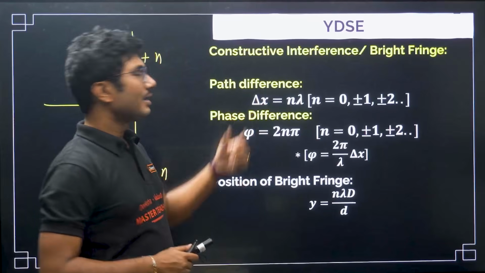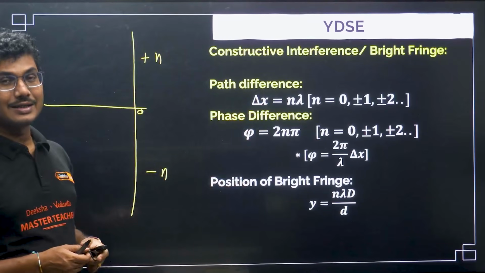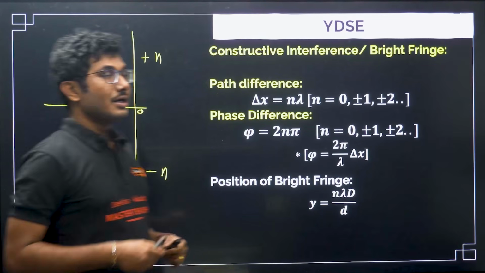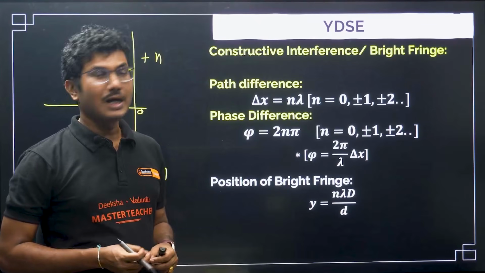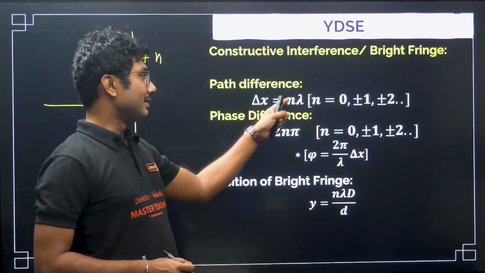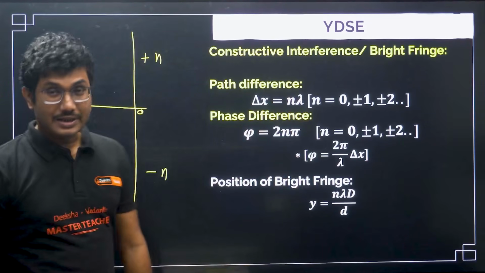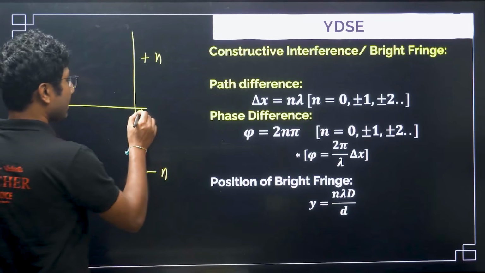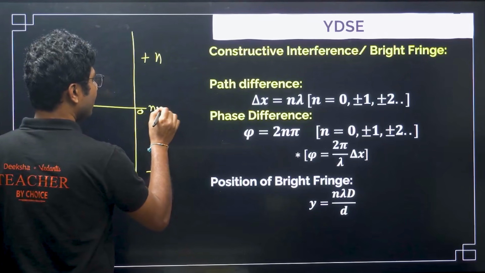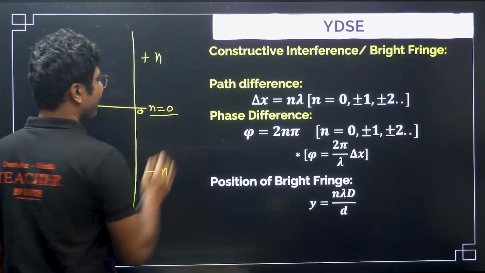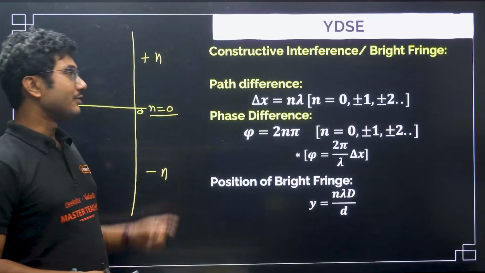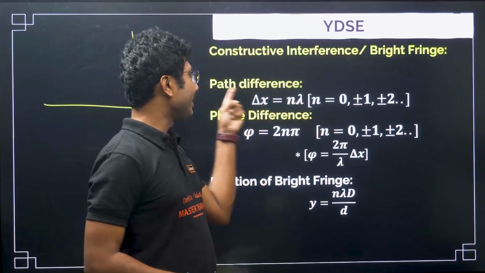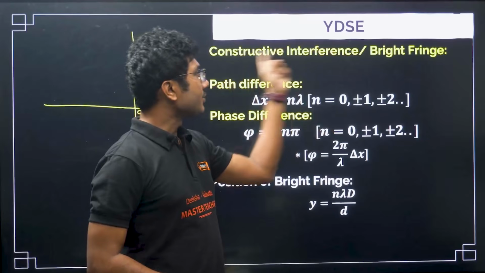So if the difference in the distance travelled is an integer multiple of lambda, then you get constructive or bright fringes. Now for the central maximum, the value of n is equal to 0, which satisfies the condition for constructive interference.